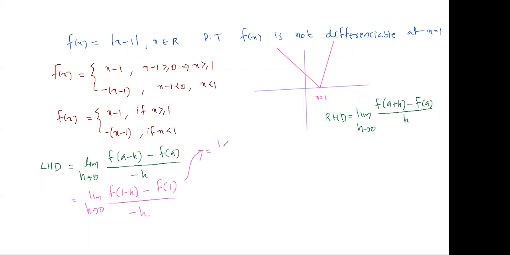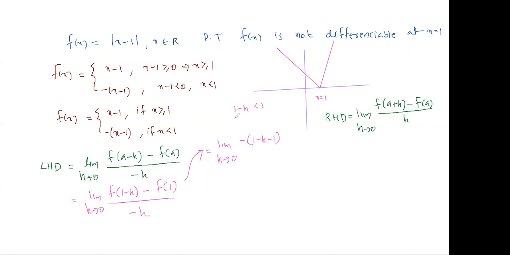This is limit h goes to 0, 1 minus h. So 1 minus h is less than 1. 1 से कुछ चीज कम कर रहे, so it is less than 1. Whenever it is less than 1, its definition is minus of x minus 1. Definition: f of x is minus of x minus 1 if x is less than 1.